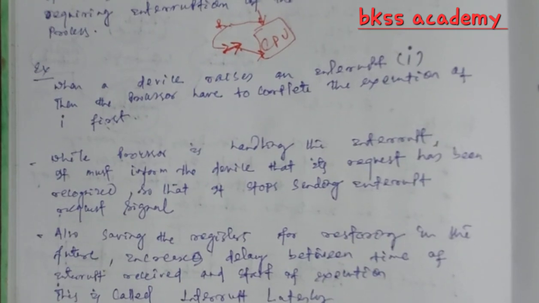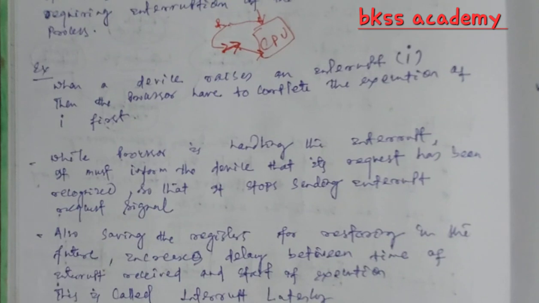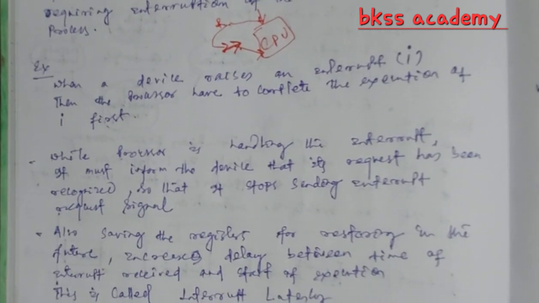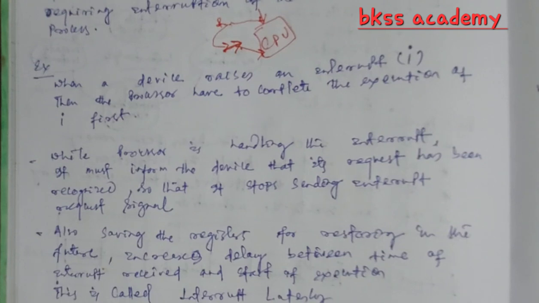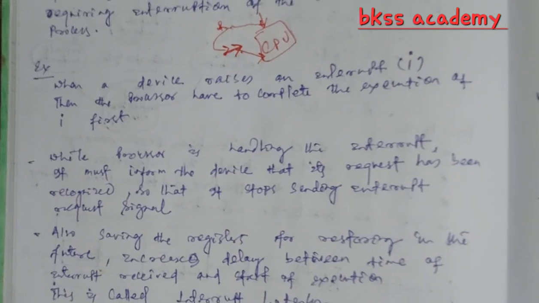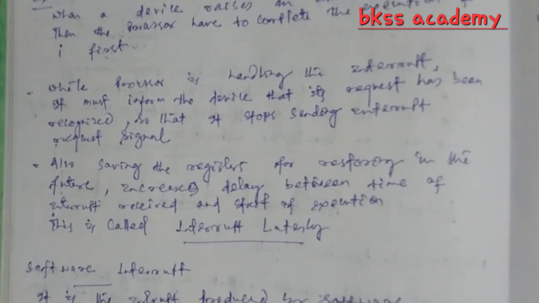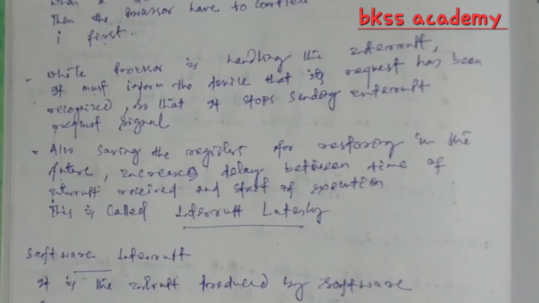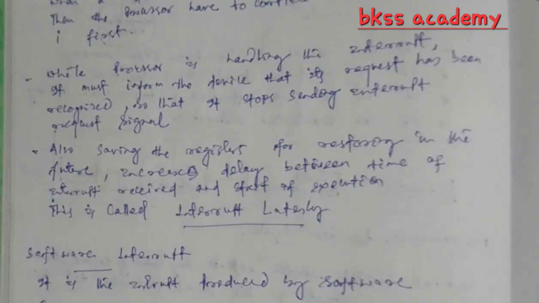Similarly, on the next concept, while a processor is handling the interrupt, it must inform the device that its request has been recognized so that it stops sending the interrupt request signal. Also, saving the registers for restoring in the future.